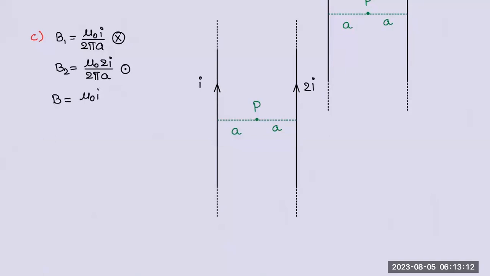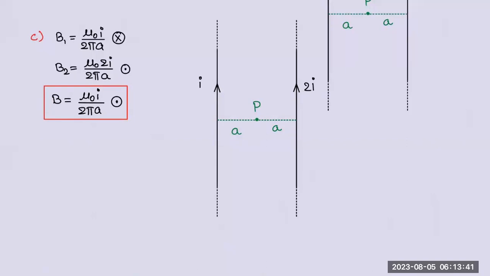It is mu naught I by 2 pi A outwards. That's it. So you can solve many, but I think that there is a serious trouble when it comes to H.